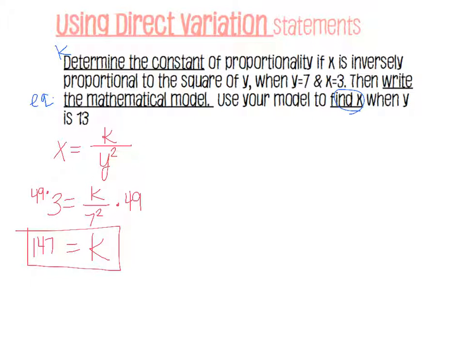Step 2 is to write the mathematical model. Well, that's pretty easy. I already kind of have the model and now I know k, so I just take k and put it in. And then that's your official model. x equals 147 over y squared.